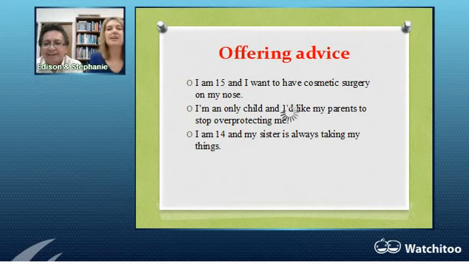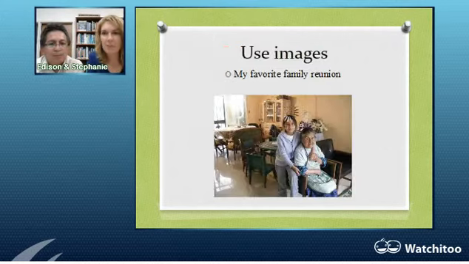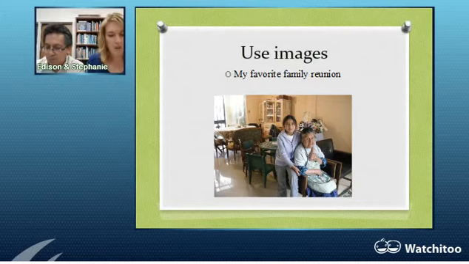So now we're going to talk about some ways you can use images to get your students to write more. We have another poll. If the people in Lima can put the poll up. We have another question for the audience. Do you use pictures or images in your classes?